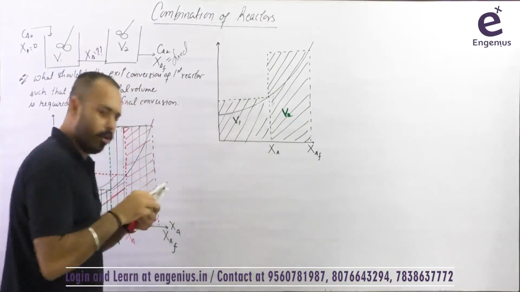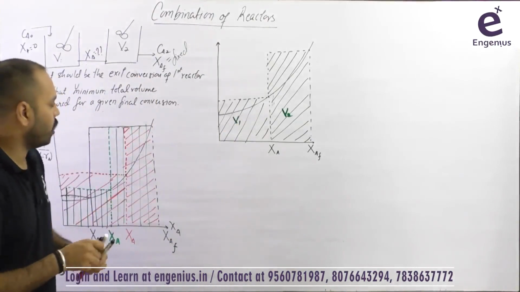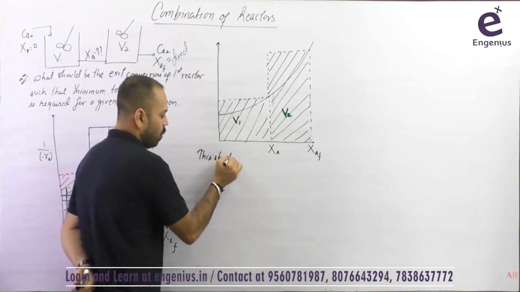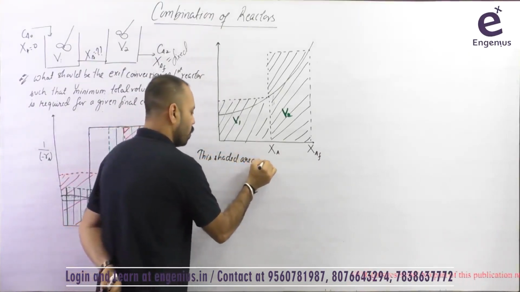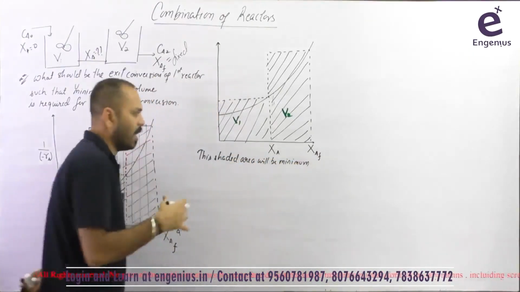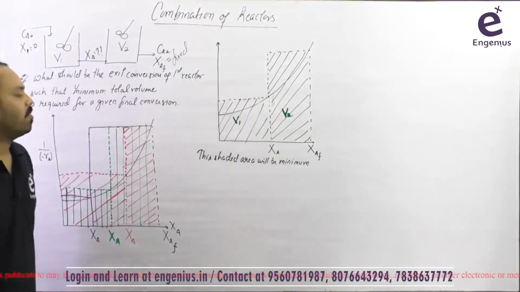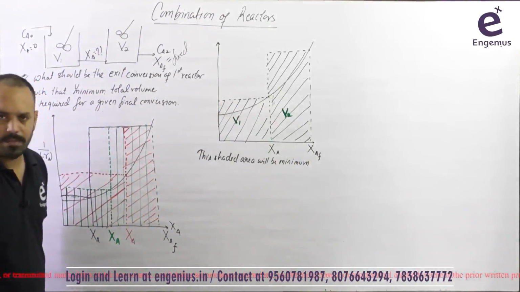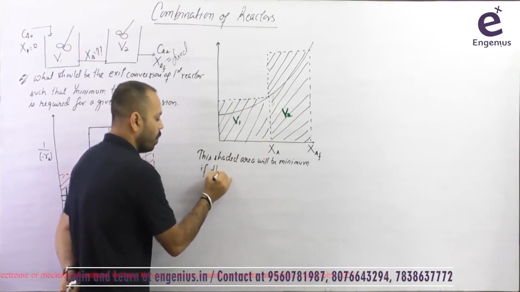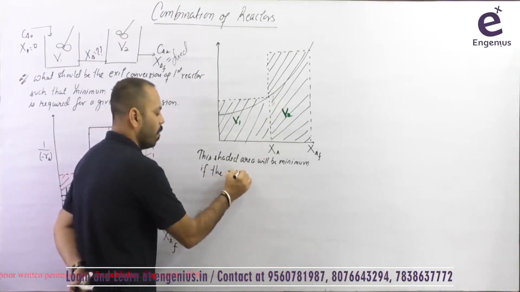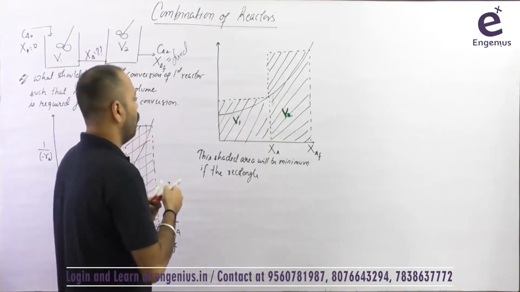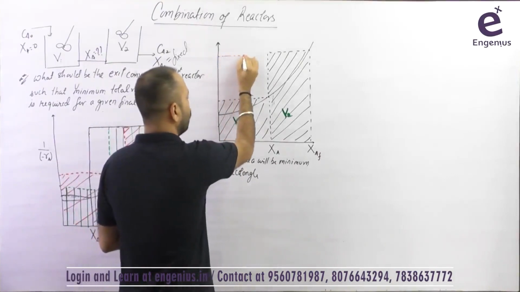Now the shaded area will be minimum if this shaded area will be minimum if this shaded area will be minimum if, this can be done graphically, definitely analytically also you can do that. This thing can be also done analytically, but let us understand this shaded area will be minimum if the rectangle, let us give name to this rectangle. I'm calling this as the rectangle, this one.